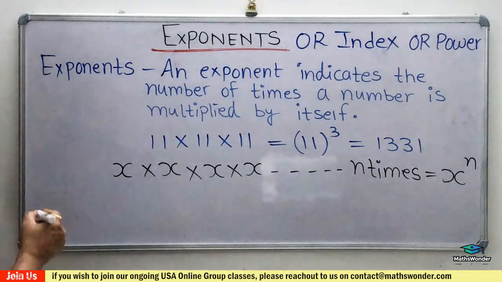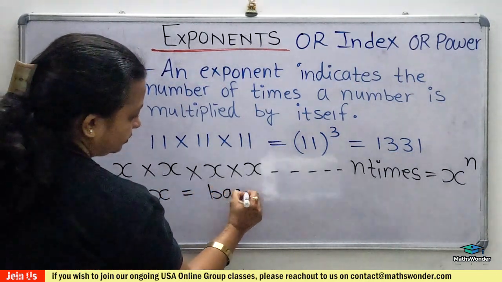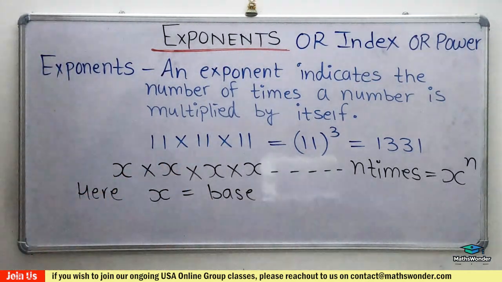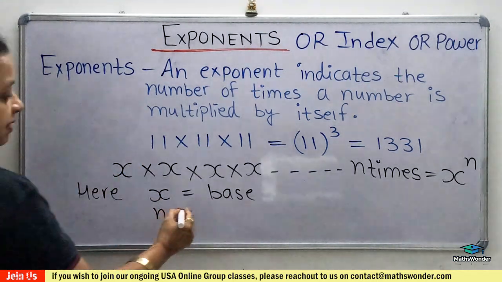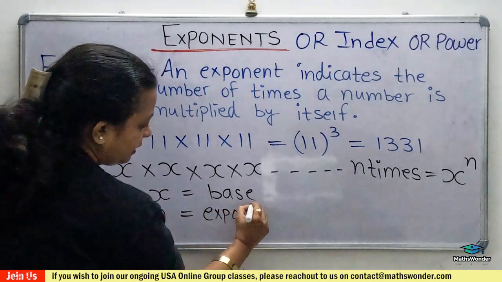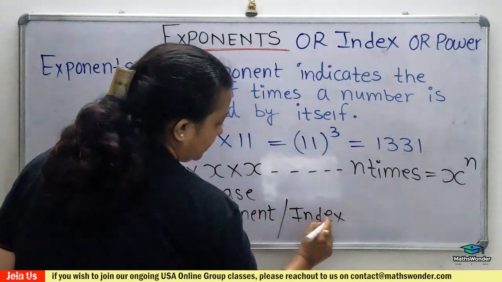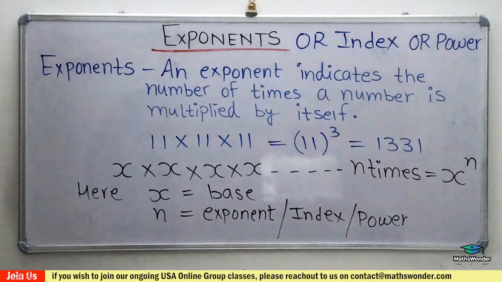So here x is the base. Base means the number which is repeated, you will call it the base. And n we call the exponent, index, or power. Different countries, different worksheets and books use different words, but the meaning is the same all over the world.